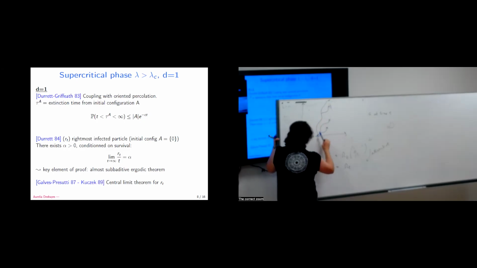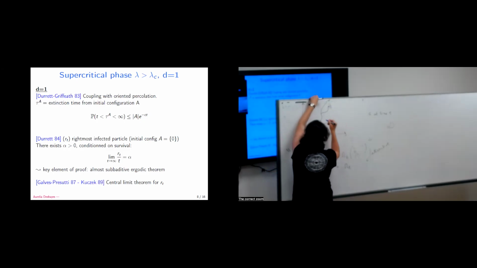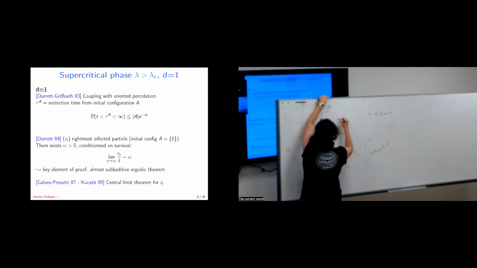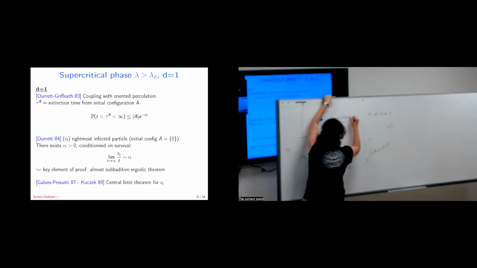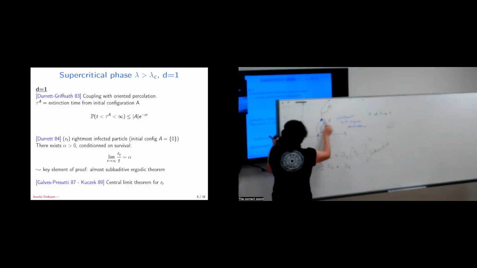These points are like excursions that we don't care about. And this point is the next rightmost with infinite descendants.